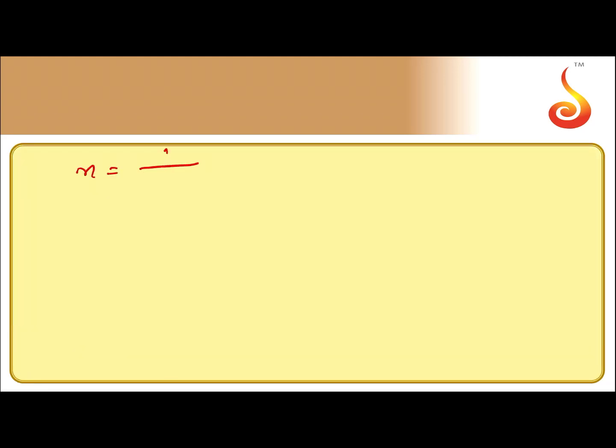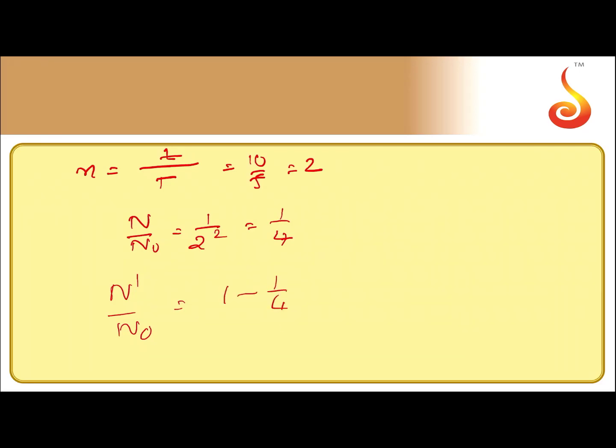So number of half-lives is t divided by T, and that is 10 by 5, which is 2. And n divided by n naught initially is 1 by 2 to the power of 2, that is 1 by 4. It corresponds to the initial. And n dash divided by n naught is equal to 1 minus 1 by 4.